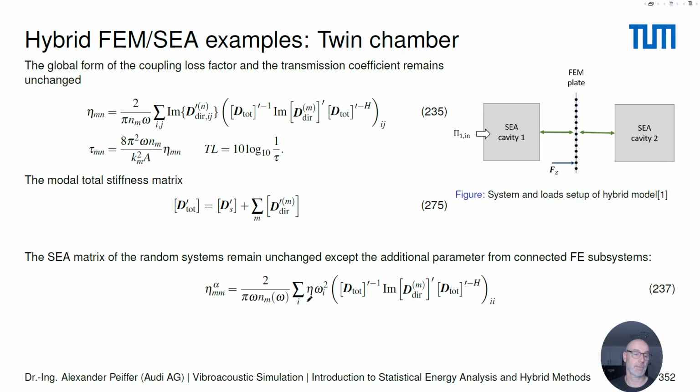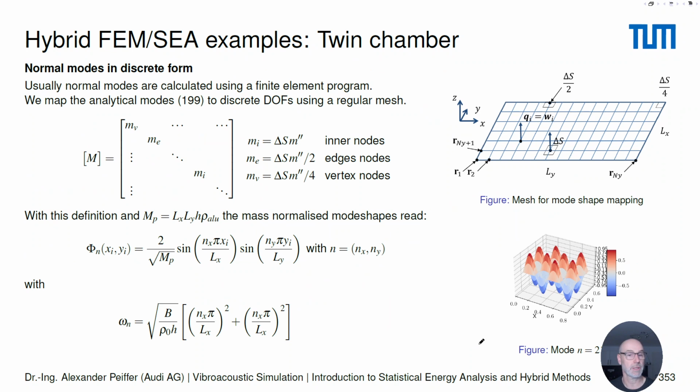That's an example where the modal form is at least simplifying the radiating part, but all the rest keeps this fully populated case that comes from the total stiffness matrix. Okay, so we have now collected more or less detailed formulas to perform our hybrid simulation.